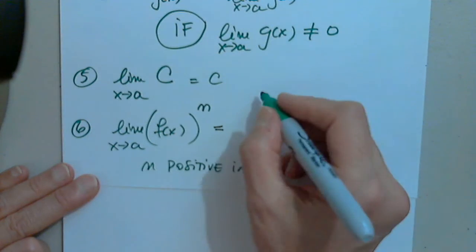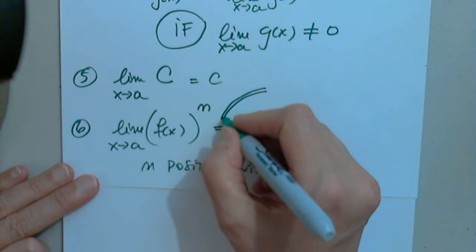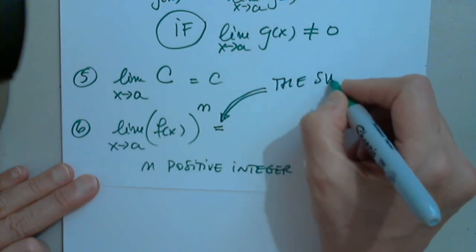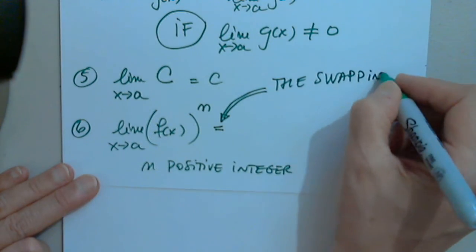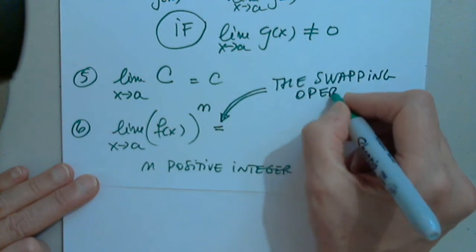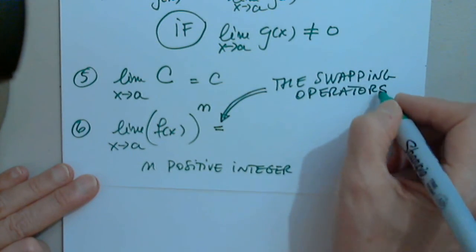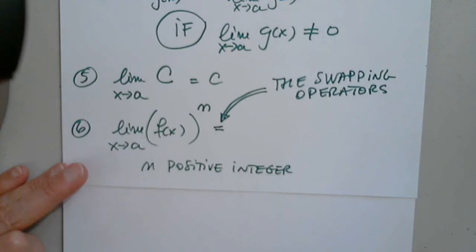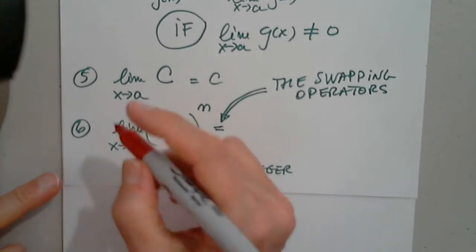So this is something I like to call the swapping operators. Swapping the operators. What operators? Remember, this is one operator, something that is applied to a function.